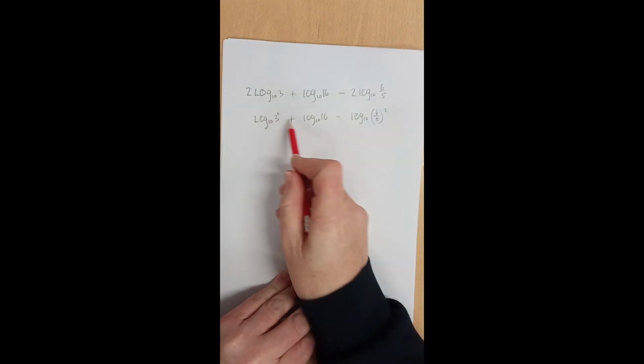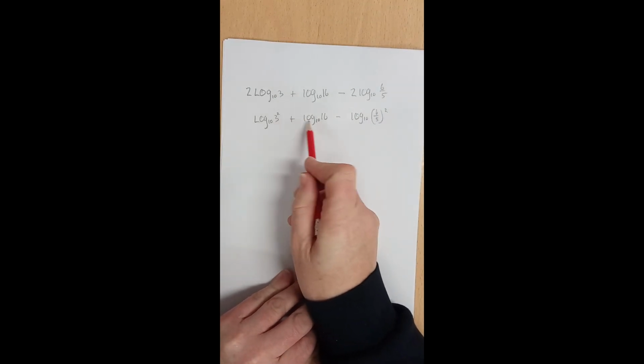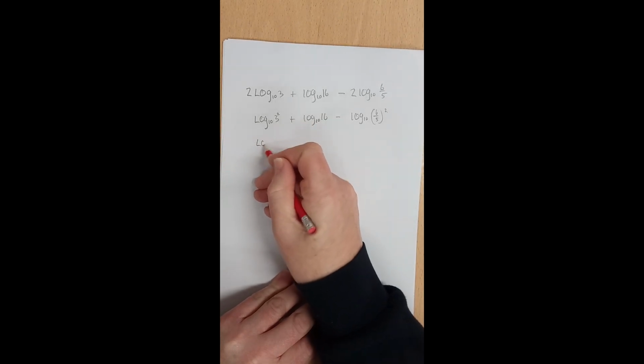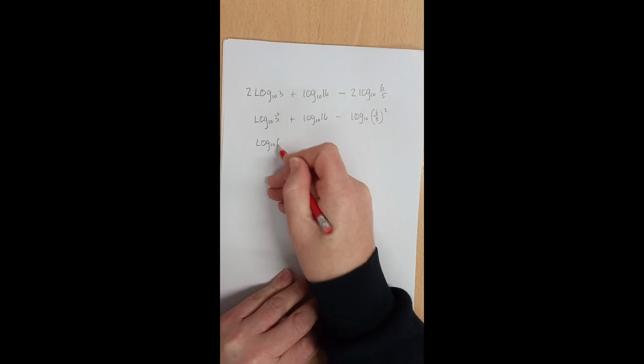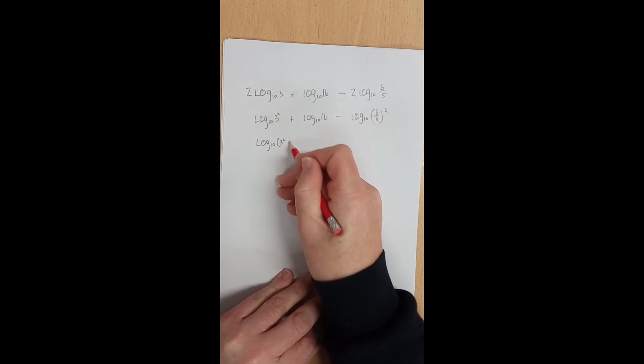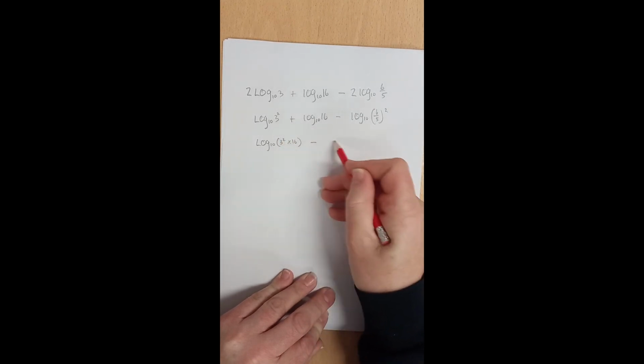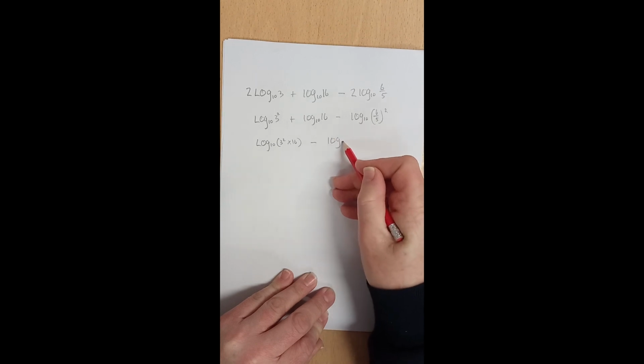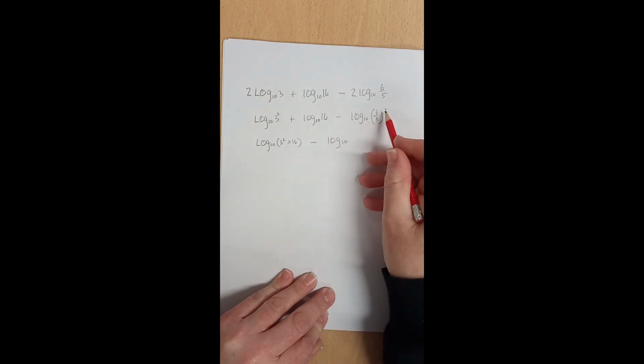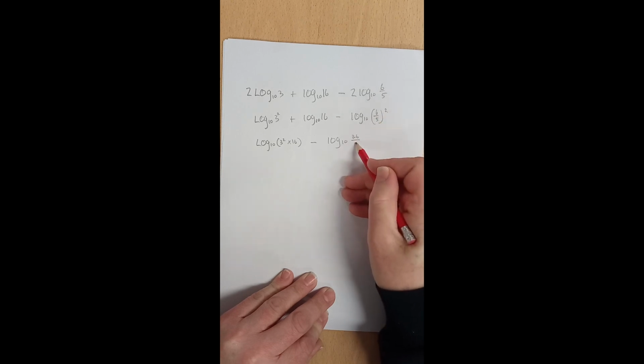So, I see a plus between them. So, that used to be a multiplication. So, that's log to the base 10 of 3 squared times 16 minus log to the base 10 of, well, we can square this out, 36 over 25.